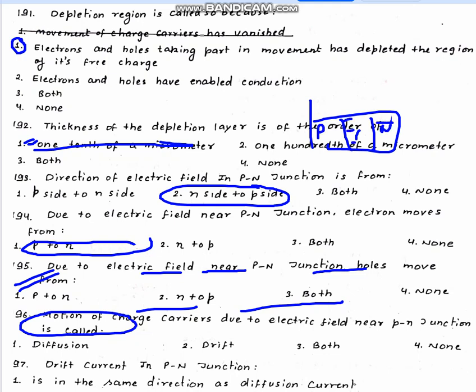Here we have negative charge, here we have positive charge. So the electric field will be from n side to p side. Next, due to the electric field near the p-n junction, the force on an electron will be opposite to the field, so electrons move from p to n. First is correct. And holes will be moving from n to p.